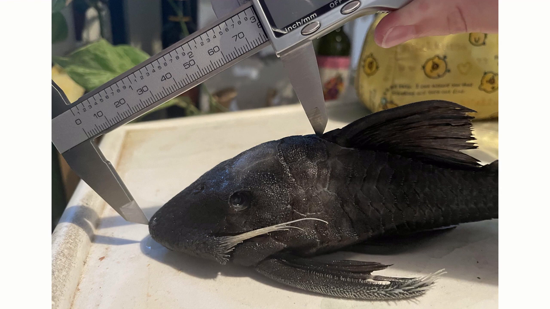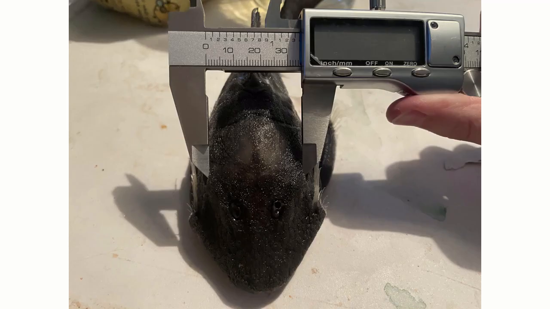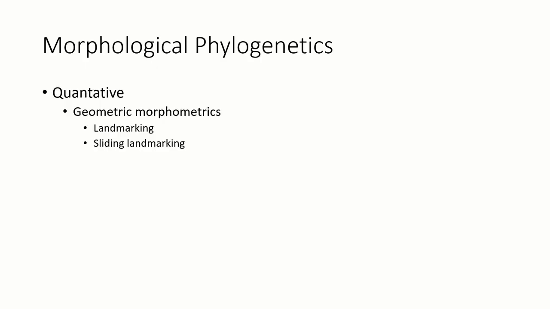This is also used for taxonomic descriptions, but you might be using other geometric morphometrics. And here is eye width. You'll be looking mostly at landmarking, which is the main one. You've got those traditional geometric morphometrics, which is between two different landmarks.